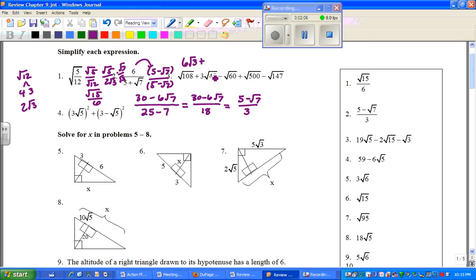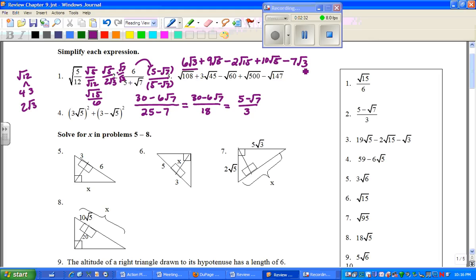Over here we have a 3, and then you get 9 and 5, so you get 3 root 3, but times 3, so this is 9 root 5. And then we're minusing. 4 goes into 60, leaving me 15, so you get 2 roots of 15. And then here you get 100 in there, so it leaves 5 home, so you get 10 roots of 5. And then you're minusing, and then into 147 goes 49, leaving you 3, so that's 7 roots of 3.